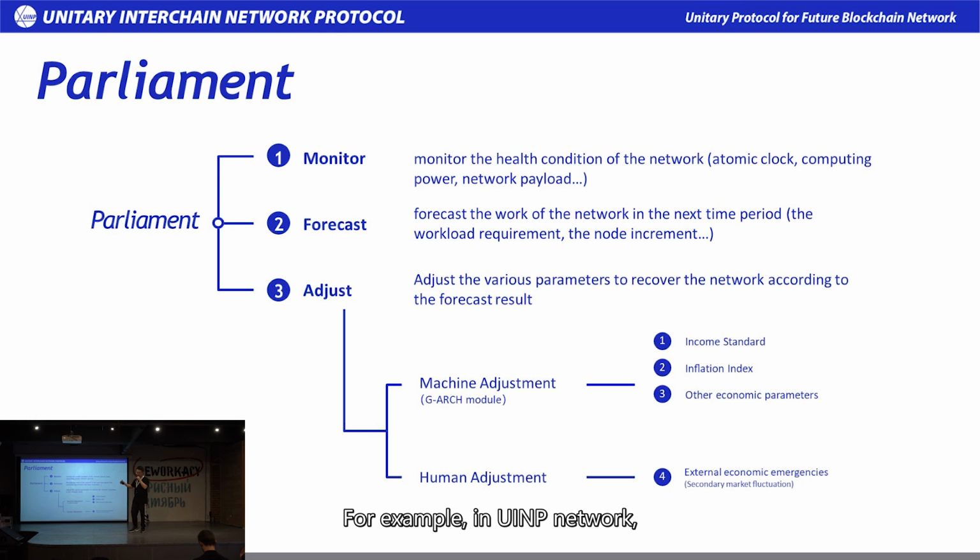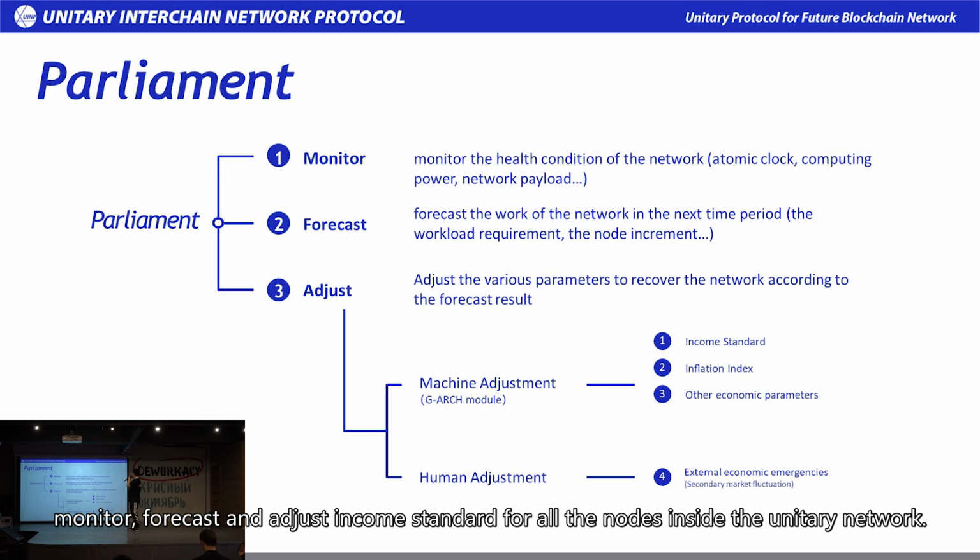For example, in the UINP network, we have an economical system and a financial system stabilized by a two-tier adjustment. For the machine part, we use a GATCH module to monitor, forecast, and adjust the income standard for all the nodes inside the unitary network.